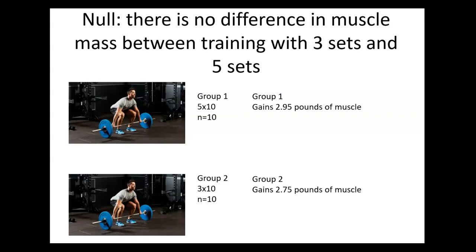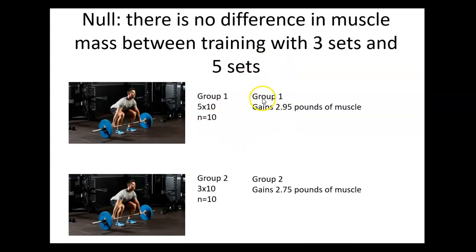Now let's talk about a different study. Let's say that there's no difference in muscle mass between training with 3 sets and training with 5 sets. In this case, we're using the same training modality, barbells, but group 1 trains with 5 sets and group 2 trains with 3 sets. In this case, I intentionally made the sample size smaller so that you could understand how type 2 errors might be made.